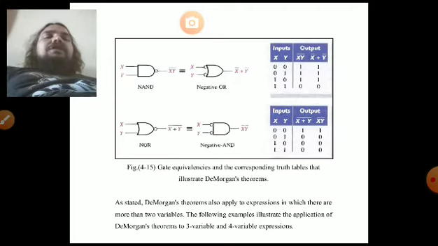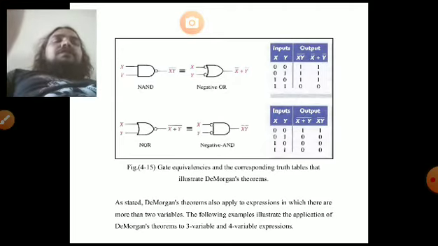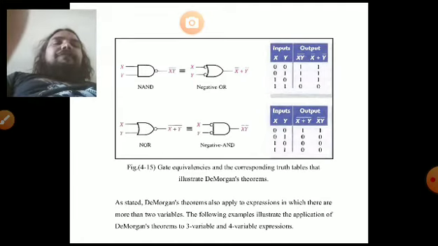Next, for the RHS, with the same inputs, the output is verified. With x equal to 0, y equal to 0, the negative OR gate output is 1. Next, x equal to 0, y equal to 1, the negative OR gate output is 1.